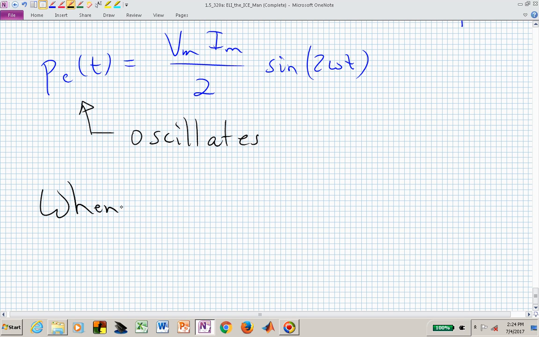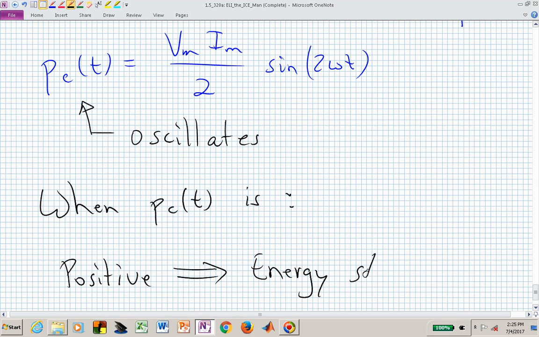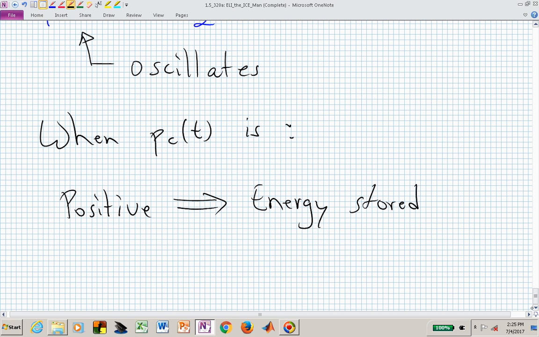and we can say then that when P sub C of t is positive, then we are storing energy in the electric field of that capacitor.